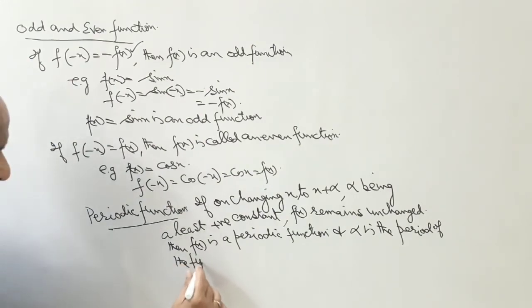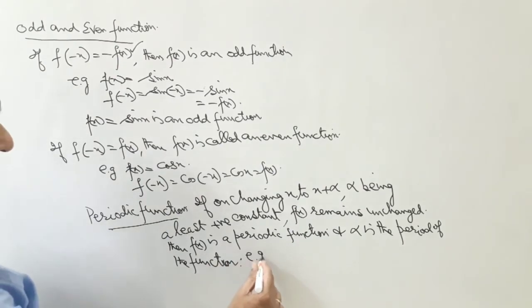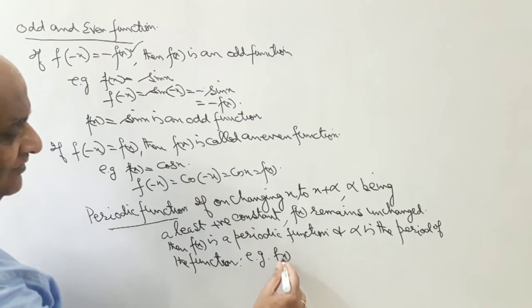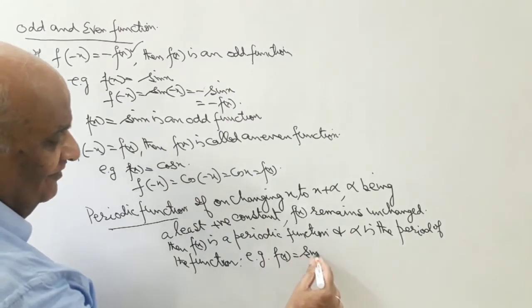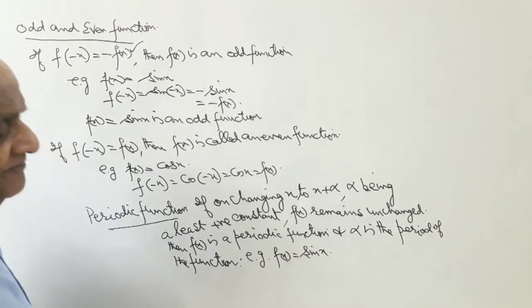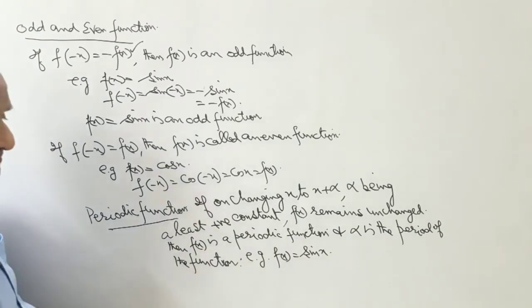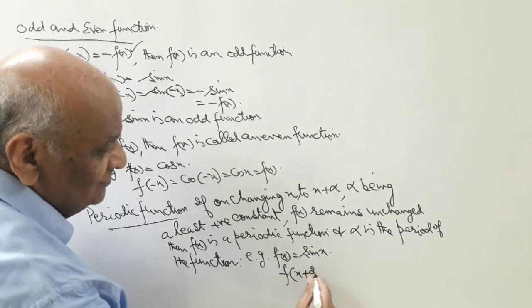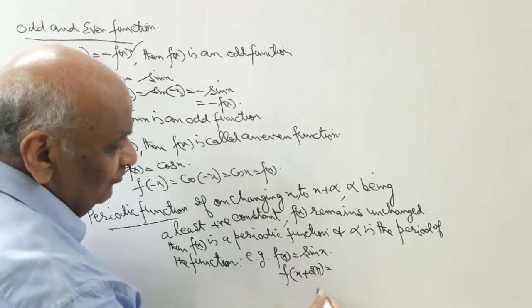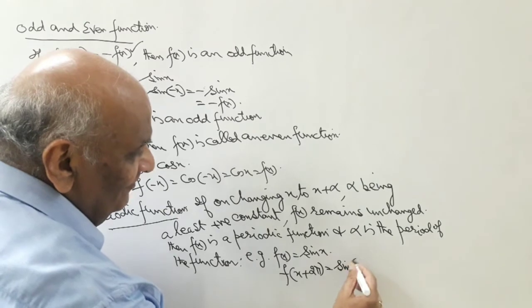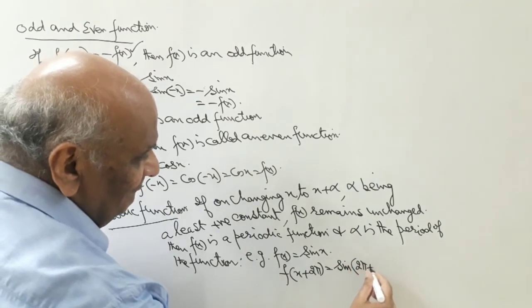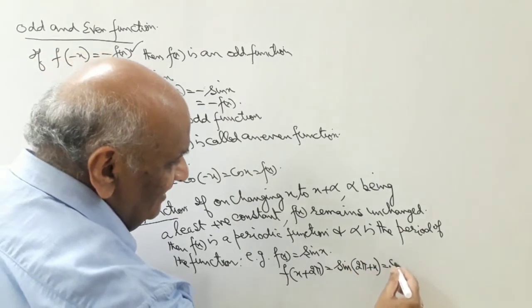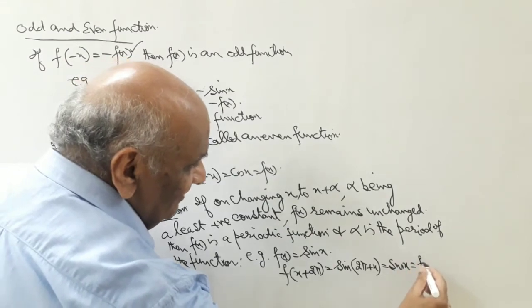Check out. I will explain how it is. Period of the function. For example, if I say fx is equal to sine of x, I say sine x is a periodic function. How is it so? What is the period of this? It is x increased by 2 pi. It is sine of 2 pi plus x. This is equal to sine x is equal to fx.